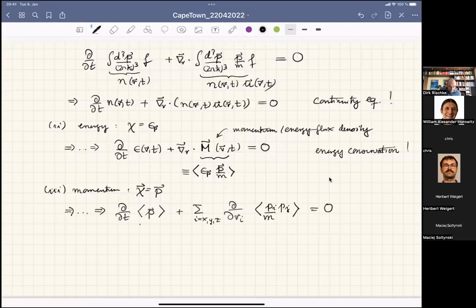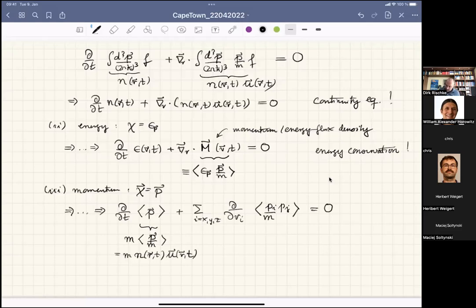So this guy here is actually, if you divide by M and multiply by M, the velocity density that we introduced previously. So it's M times density times average velocity. So it gives you the time evolution of the particle current, which is actually momentum if you multiply with mass.